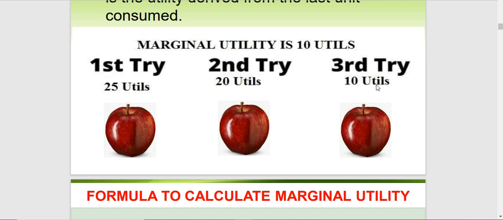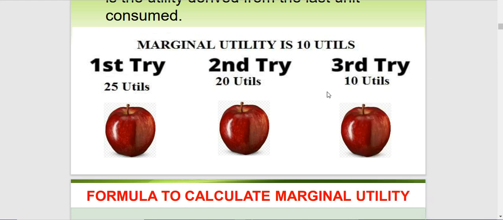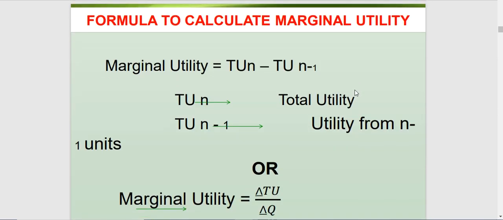When the third one is consumed, then the third apple is called the marginal unit and the utility gained from the third one is 10 utils. Here we assume that he does not want to have more than 3 apples. Hence, the formula for calculating marginal utility is: marginal utility is equal to total utility of n units minus total utility of n minus 1 unit.